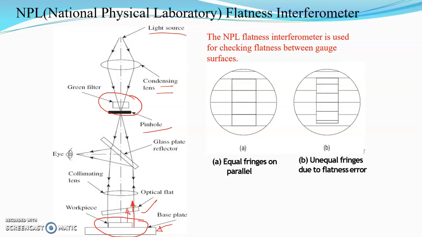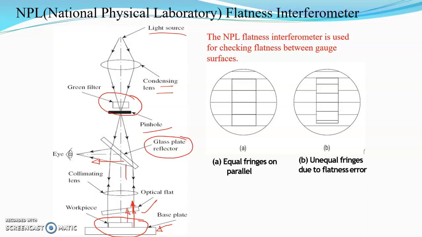These two beams of light form interference and result in interference fringes. The light beam which carries an image of the fringes is reflected back and directed by 90 degrees using a glass plate reflector.